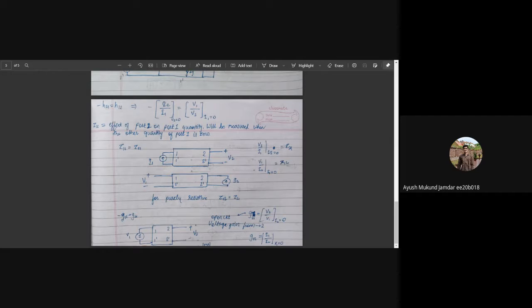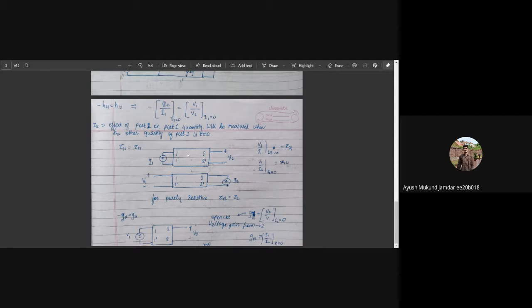And again, I would like to reiterate what these parameters mean. Taking Z12 as an example, it is the effect of port 2 on port 1, and that will be measured when the other quantity of port 1 is 0. Why is it so? Z12 is V1 by I2 at I1 equal to 0. That is what the parameter means.